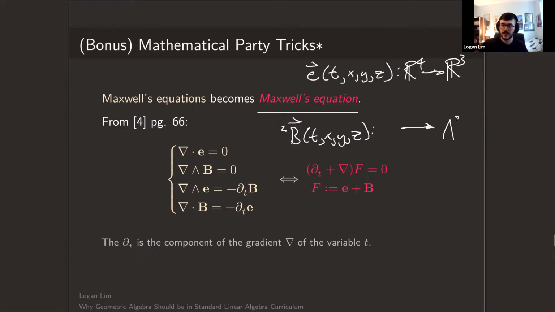I'll just use this notation. I think many are familiar with it. It goes from R4 to this. And so again, conceptualizing the curl without the cross product gives us a lot of higher dimensional analogs and algebraic ability, right? So we can reduce all four equations in terms of the geometric product. This little partial t is the t component of the derivative, so it's by del t.